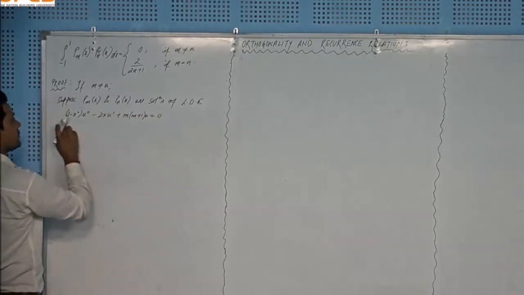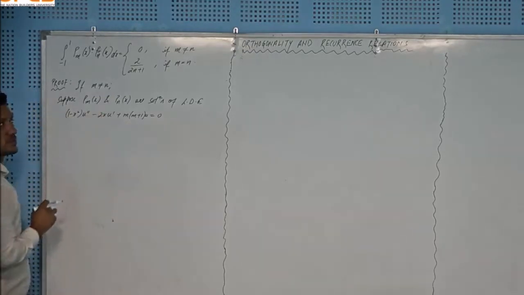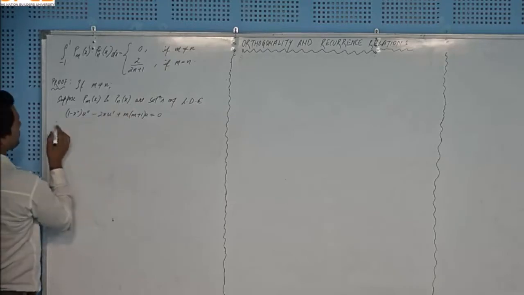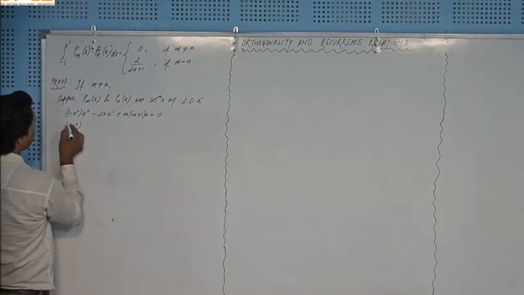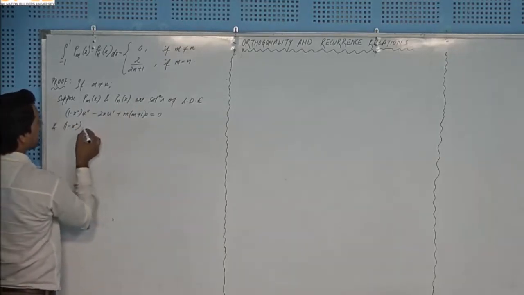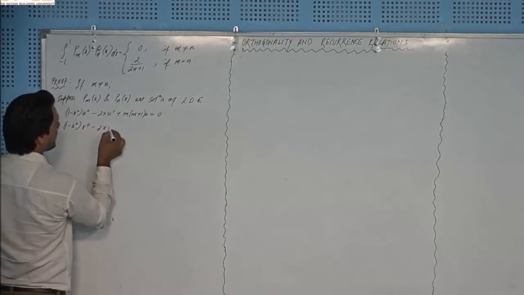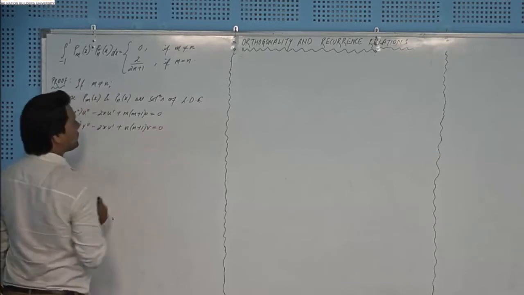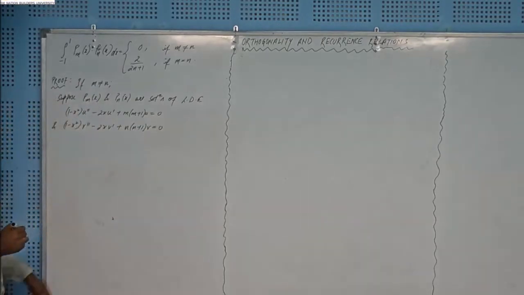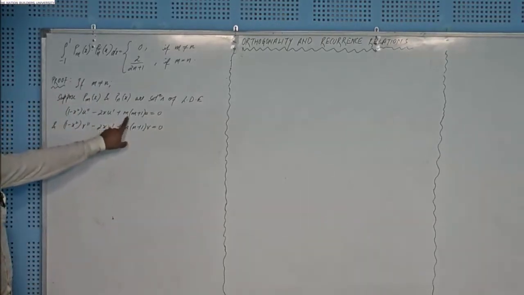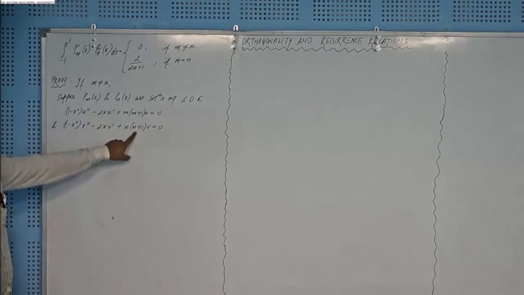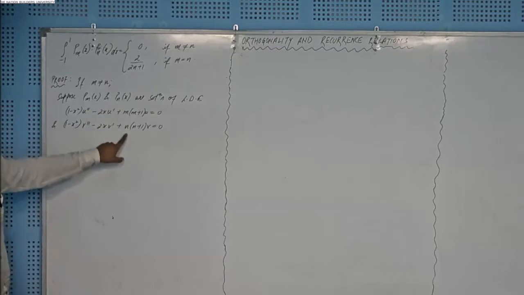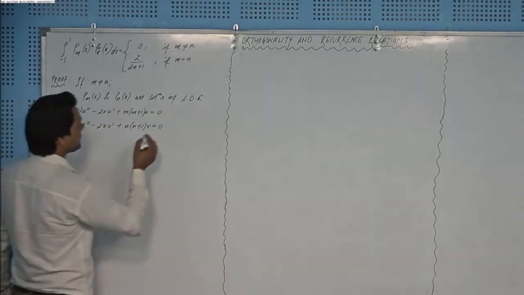For this differential equation, the solution is Pm(x), that's why I have written m(m plus 1). And for the second, I am changing the variable: (1 minus x square) v double dash minus 2x v dash plus n(n plus 1) v equal to 0. You can see that the first involves m, while the second involves n. So Pm(x) is a solution of the first, and Pn(x) is a solution of the second differential equation.